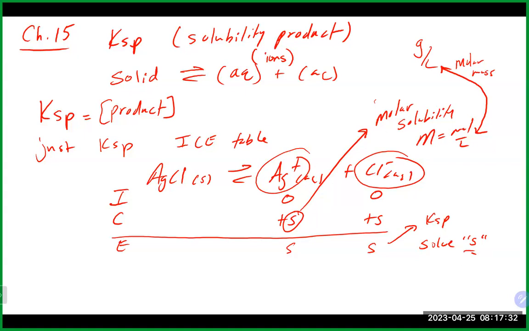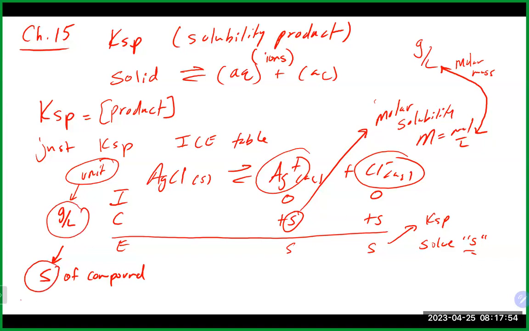The other type of KSP problem is where you're given the solubility of the compound. You may be given the molar solubility, the solubility in grams per liter, or some other unit. Whatever unit of solubility you're given, you want to get it to grams per liter and then to molar solubility. Once you have molar solubility, you can go into the KSP expression and solve for the KSP.